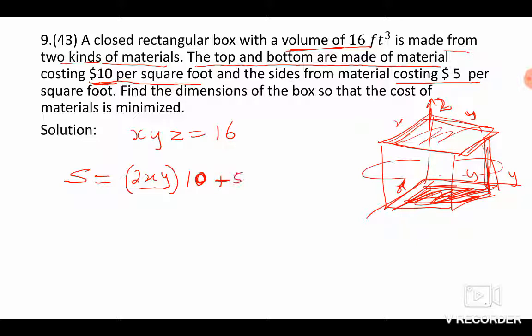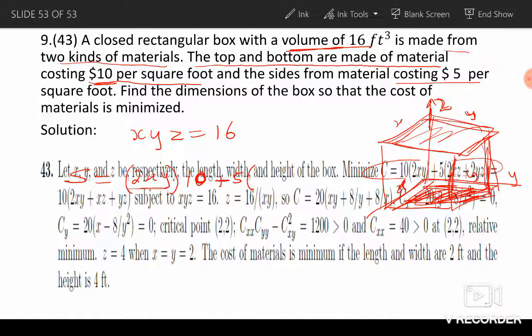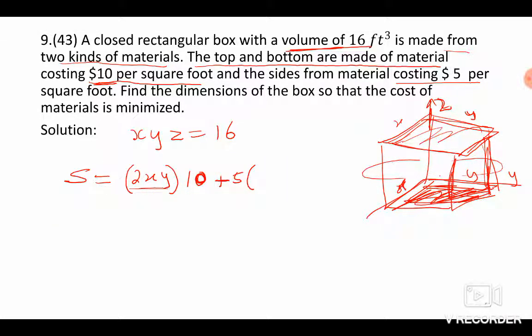And now $5 per square foot for the other sides. So what is the total area of the other sides? You can see two opposite sides.